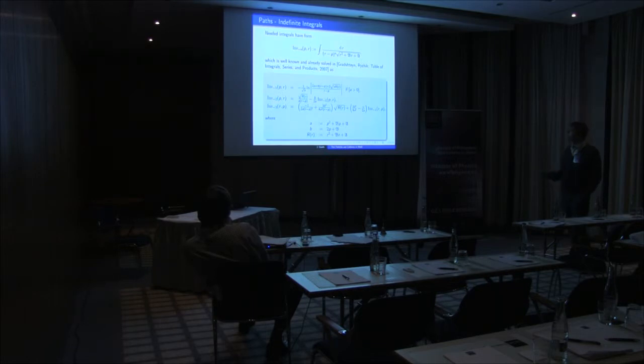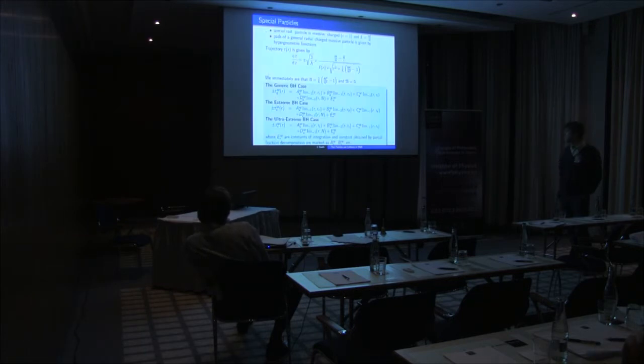So the n is related to the horizon degeneracy, and as we see, the power minus 1 corresponds to a logarithm, minus 2 corresponds to 1 over r minus r_i, and the parameter 3 corresponds to n over (r minus r_i) to the second power.